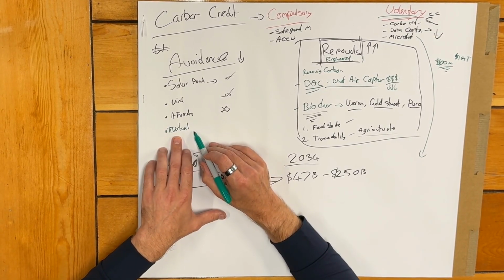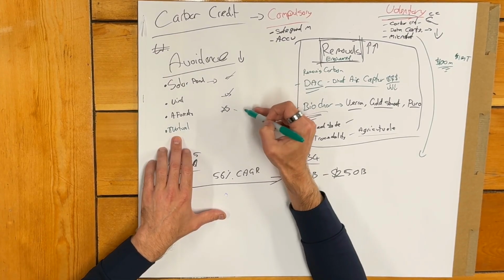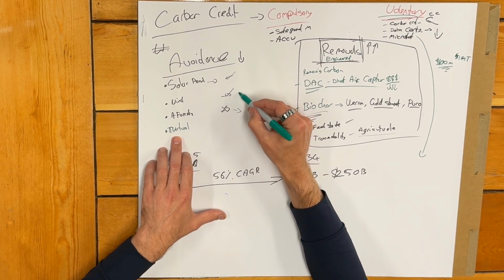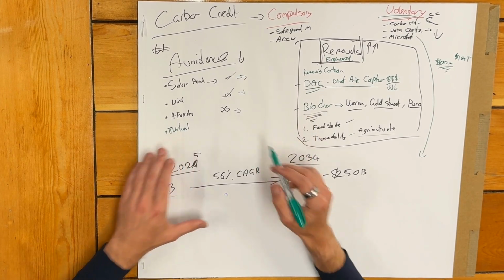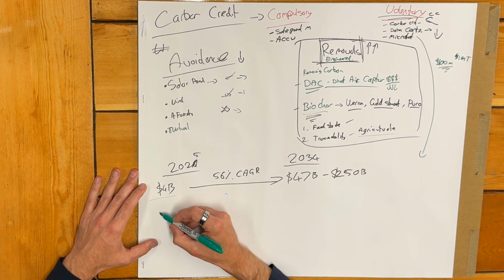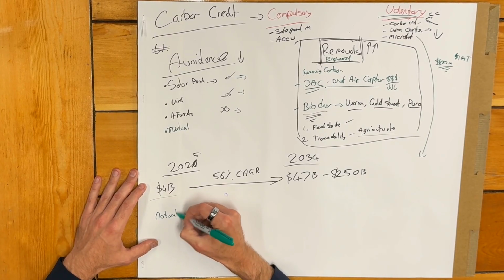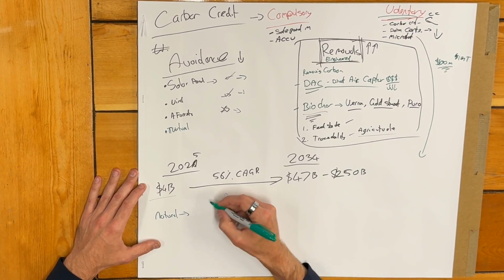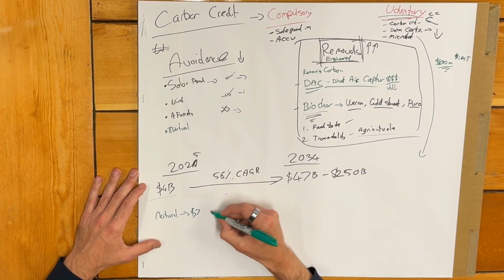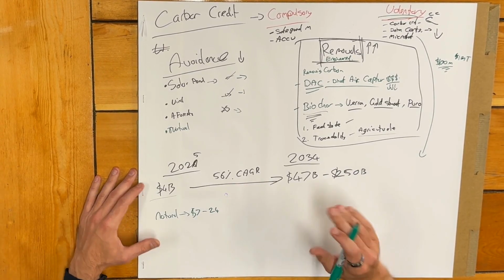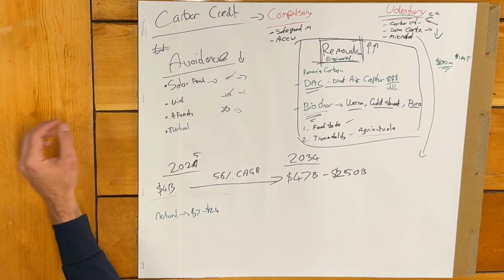These are the carbon credits associated with more natural products, and that's things like planting trees, sometimes wind or solar, but not often. Usually it's associated with planting trees. The price point we see for natural carbon credits is probably averaging about $7 to $24 per ton of carbon credit. So that's what someone like a Google or a Stripe is willing to pay for that.